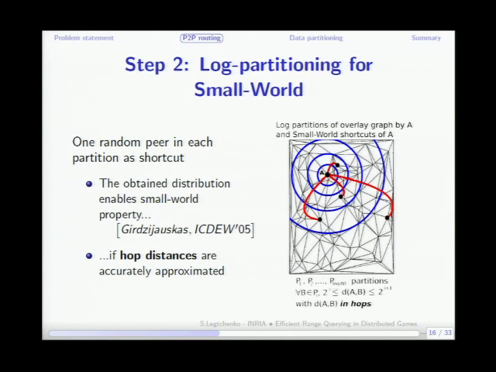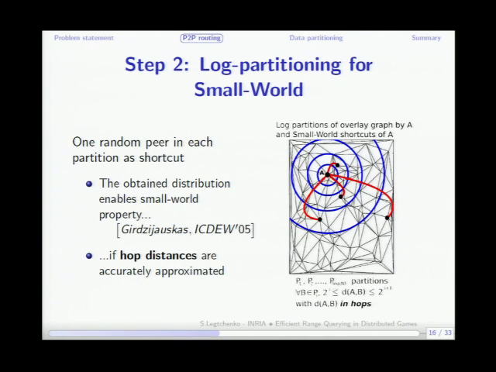The second step is to use the map, the approximation of the density distribution, to create small world shortcuts on each peer. A well-known technique to do that is the so-called log-partitioning, which consists in partitioning the graph, starting from the coordinate of the peer, into log n partitions, where each inner partition splits the outer partition in half.